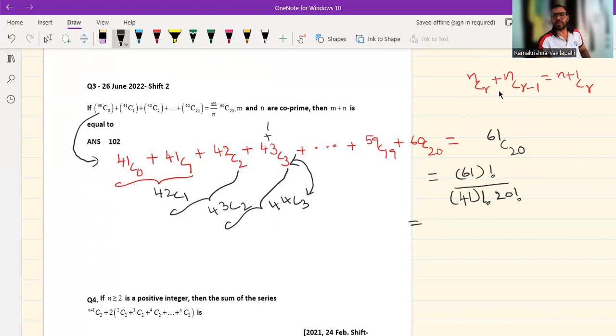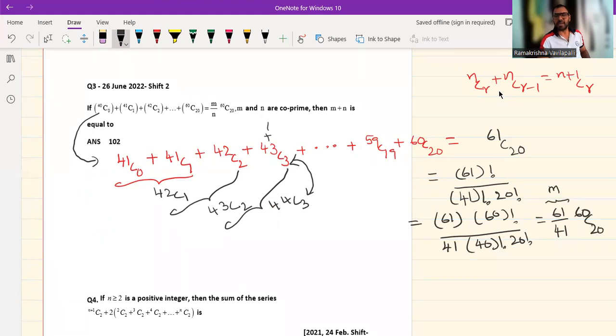So this 61 factorial can also be written as 61 into 60 factorial, and this 41 factorial can also be written as 41 into 40 factorial into 20 factorial. So this is equal to 61 by 41 times 60 factorial by 40 factorial into 20 factorial, which is nothing but 60C20. So this value is m and this value is n.